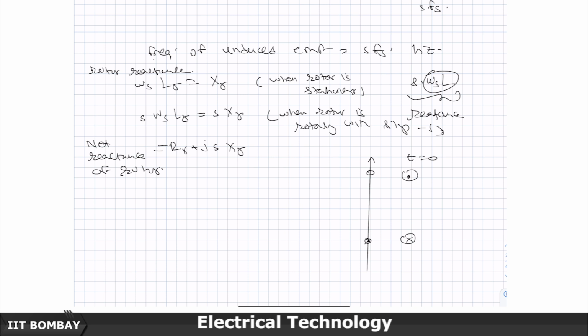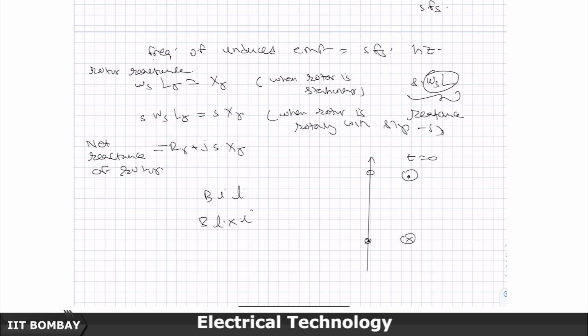and it will create BIL, the Lorentz force. Actually it is L cross B times I, something like that, but the angle is 90 degrees. If I rotate the right handed screw, dot is like coming up, from top to right hand side, it is going to move in this direction.